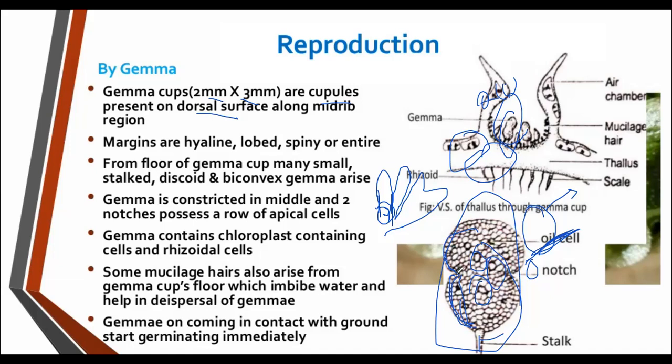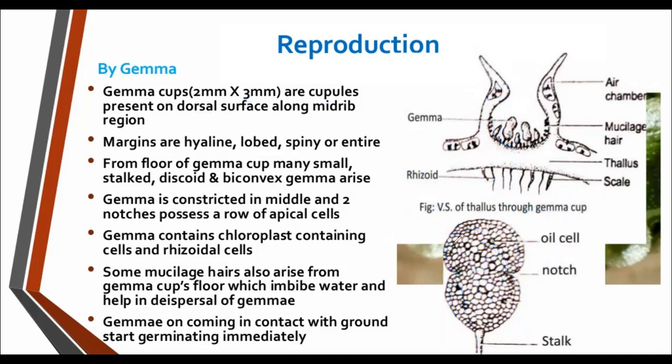And these gemmas are biconvex shaped, or dumbbell shaped. Why? Because this gemma is not spherical. In between the gemma, you can find a constricted region, where it is curved inwards.